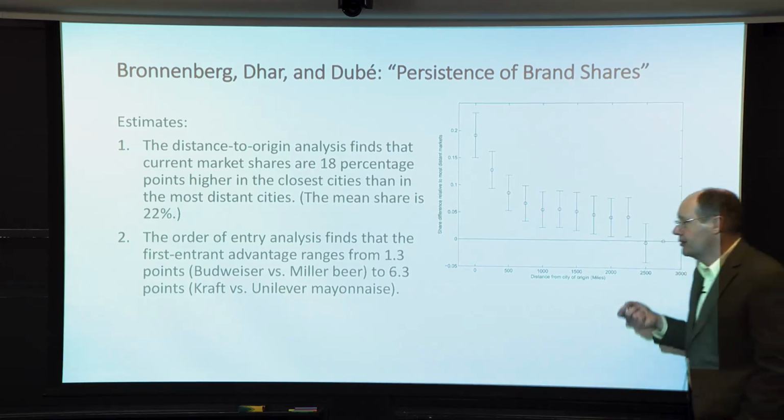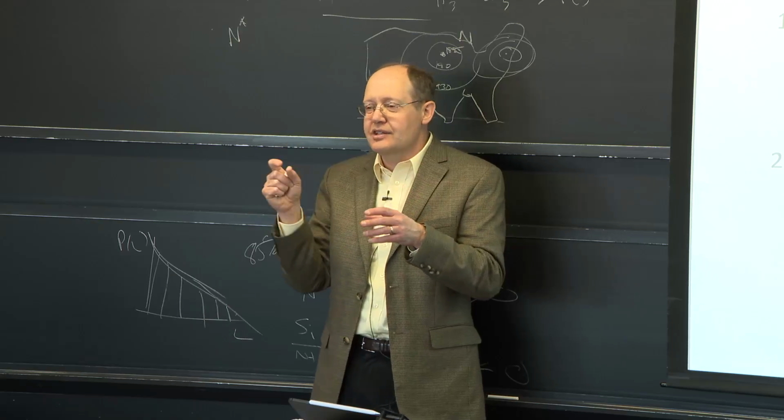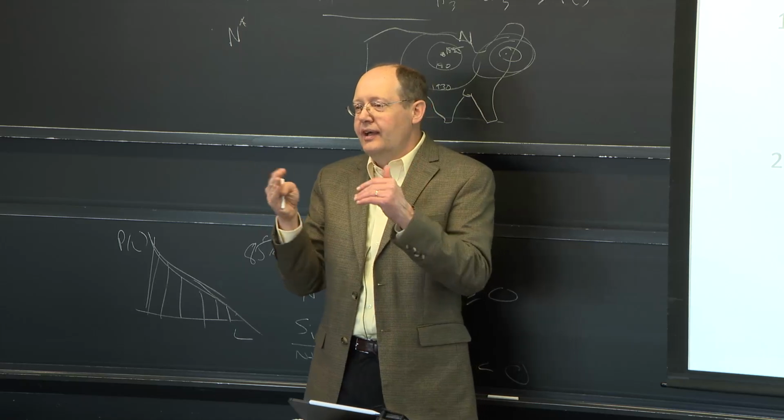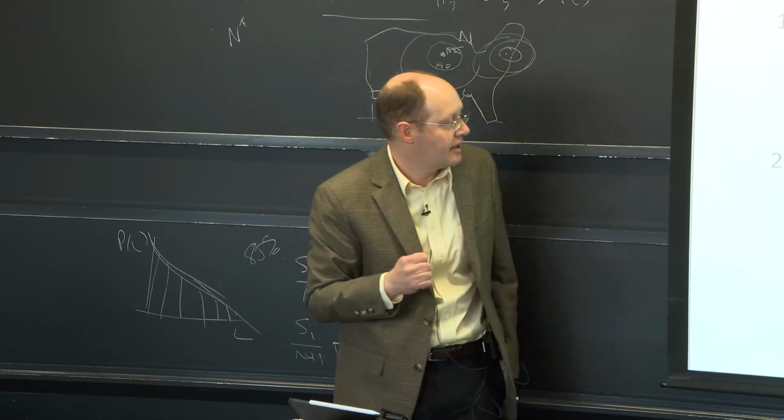You may think that in our politics the coasts are similar to each other and it's the middle of the country that's different. I think this graph is saying no, it really is the distance. There are East Coast mayonnaises and West Coast mayonnaises, East Coast bagels and West Coast bagels, and the market shares are most different on the opposite coast of the country.